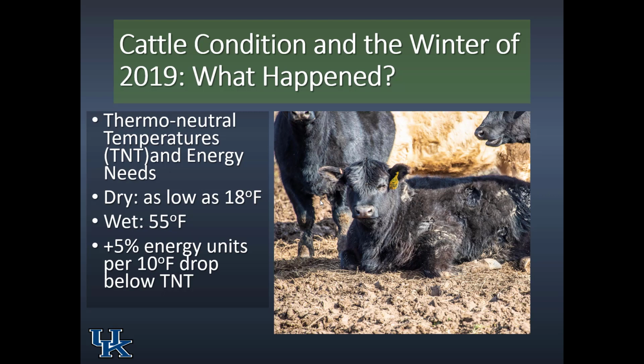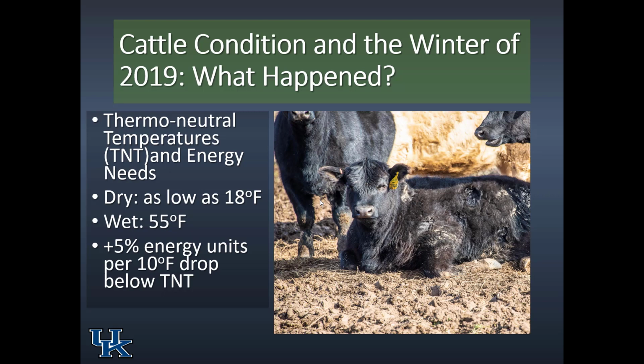So we had plenty of days that were 38 degrees or so, say 35 degrees or in the low 30s, but rainy. So that's 20 degrees Fahrenheit below the thermoneutral temperature. That means if a dry cow needs 50% TDN feed in order to meet her nutritional needs or energy needs, she'll need 60% TDN to meet her nutritional needs.